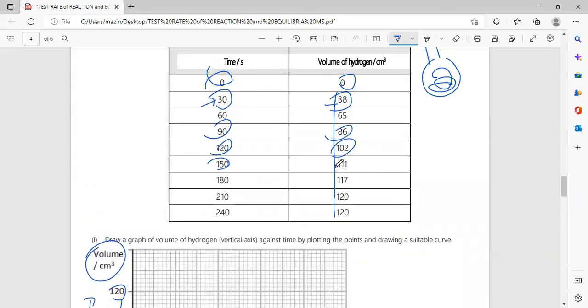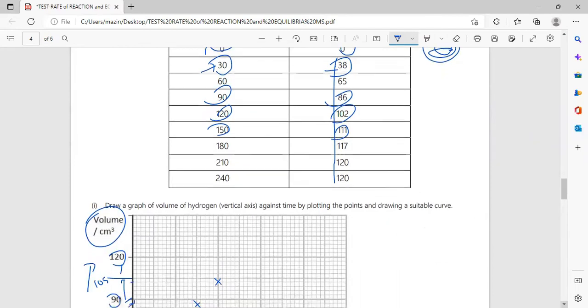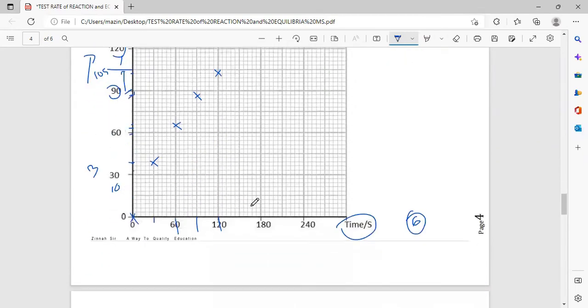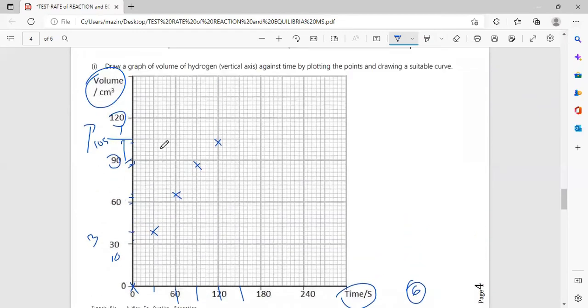Then 150, 111. Where is 150? Yes, 150 is at the middle. Here is 150 and 111. 111 means here is 105, then 3, 108, then 111.